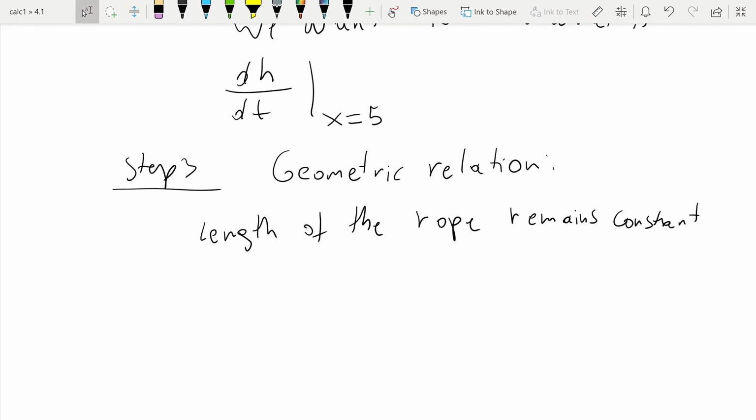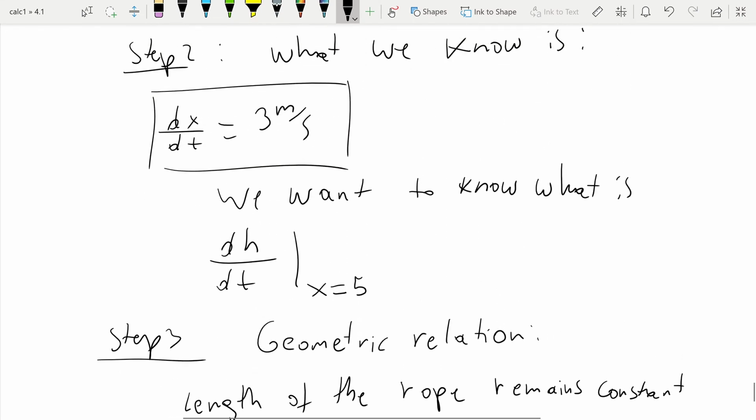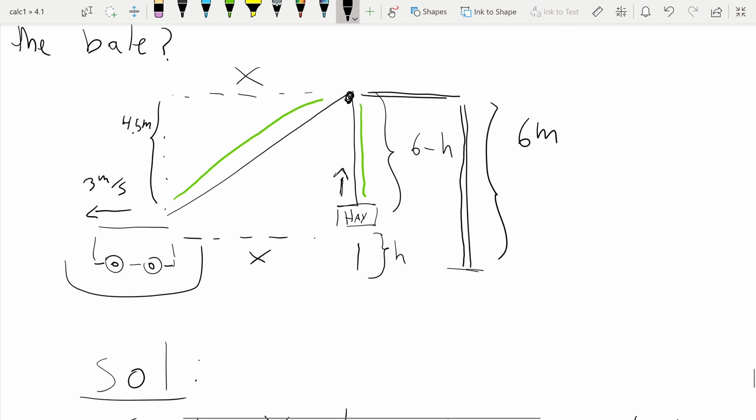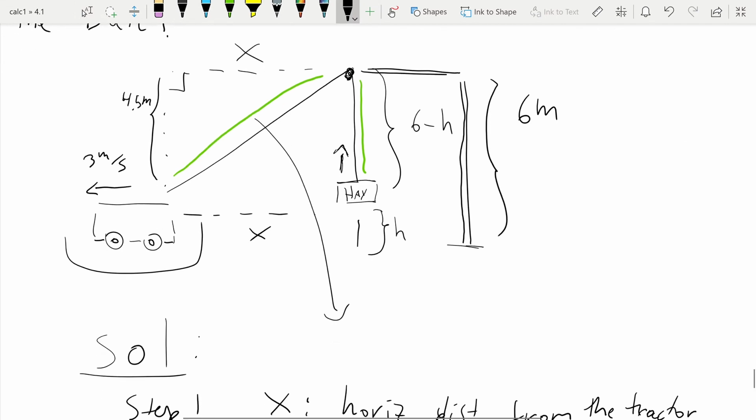And what is the length of the rope? It contains two things. So the length L is going to be equal to the sum of two contributions. The first one is going to be given by the use of Pythagoras.